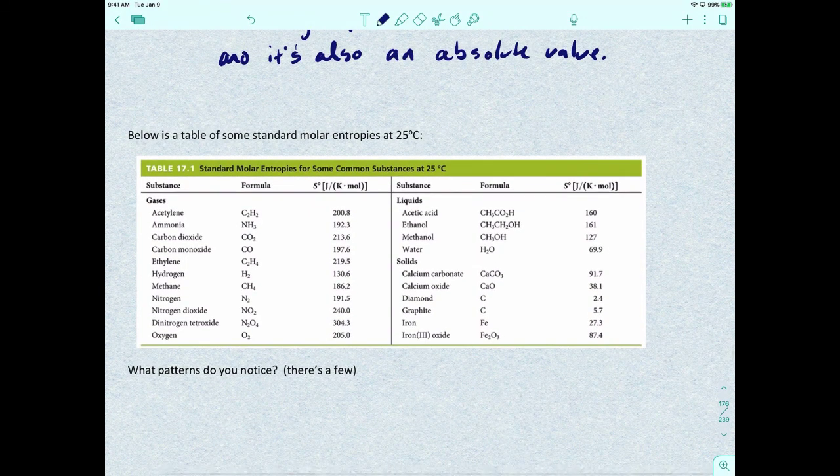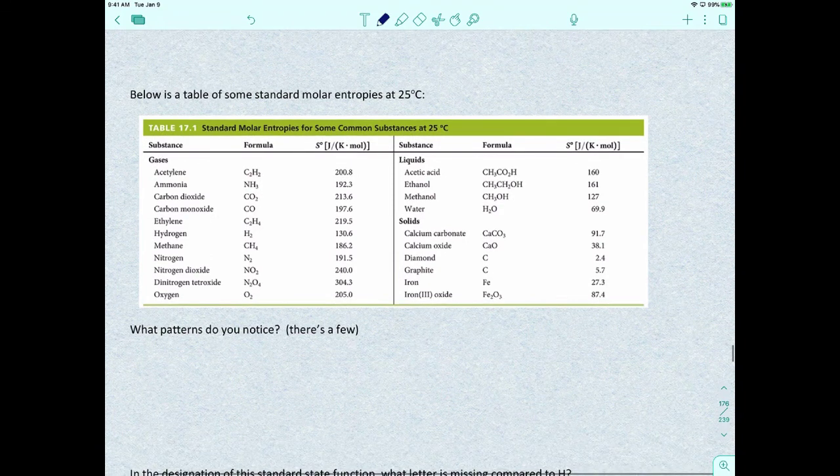What else can we notice? There are a few patterns here. If you take a look at the entropy of the gases, the liquids, and the solids, it seems that the entropy of the gases is greater than the entropy of the liquids, and the entropy of the liquids is greater than that of the solids.